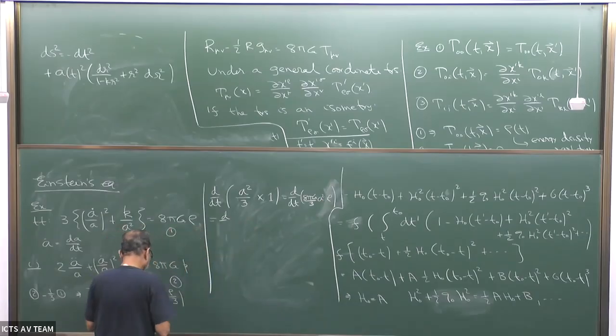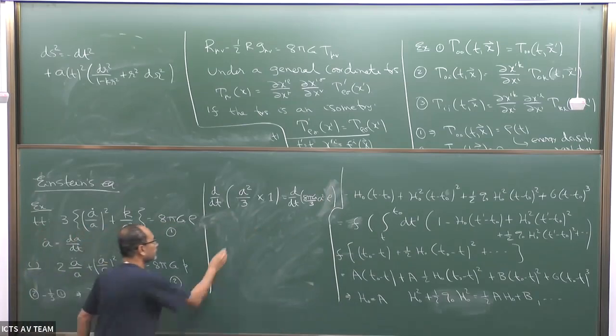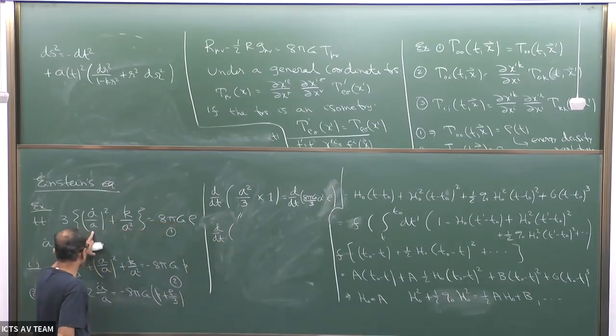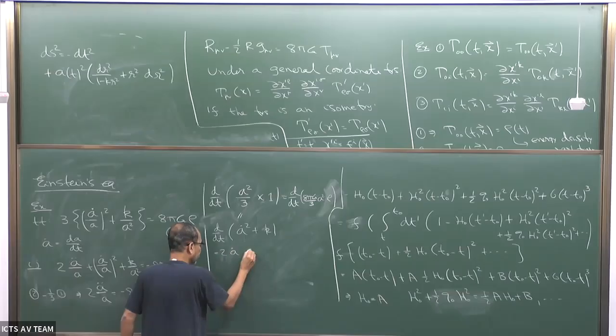Now the left hand side is d/dt of a squared by 3. The 3 takes care of this, and the a squared multiplication makes it a dot squared. So it's a dot squared plus k, which is just 2 a dot a double dot.